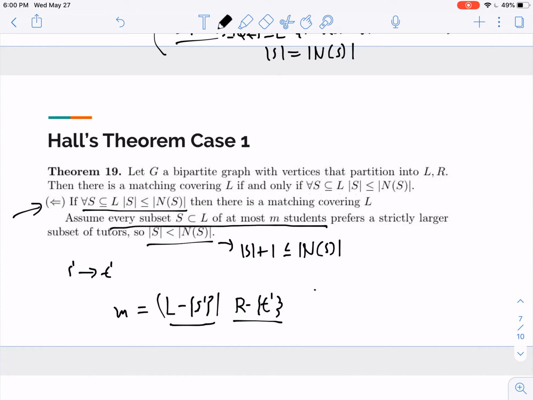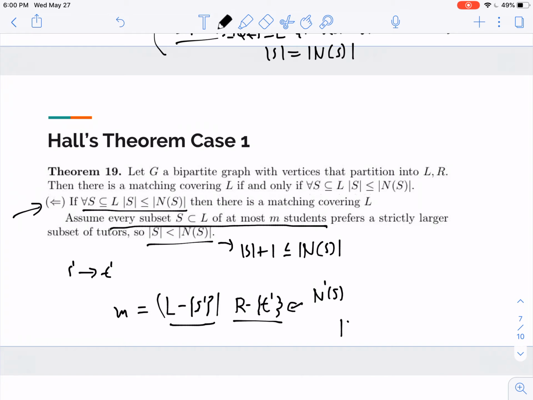And so let's let n prime of S denote the number of neighbors of S in R minus T prime. In other words, intuitively, this is the number of tutors they prefer out of the remaining tutors. And what we'll notice is that taking away T prime from the tutors at most decreases the number of tutors that a group of students prefers by 1, right? Because in the worst case scenario, somebody preferred that tutor and now they can't access them.